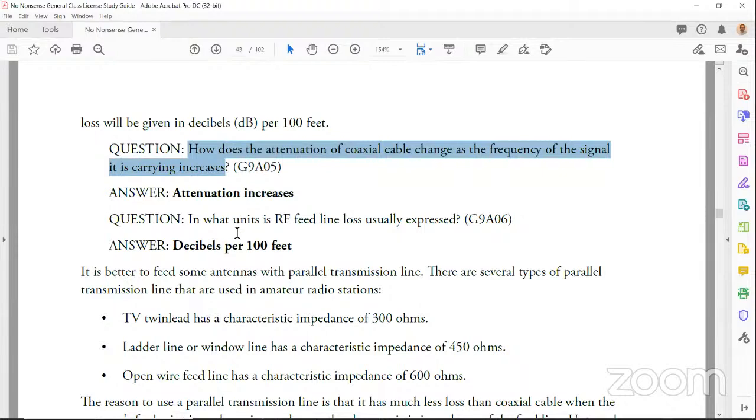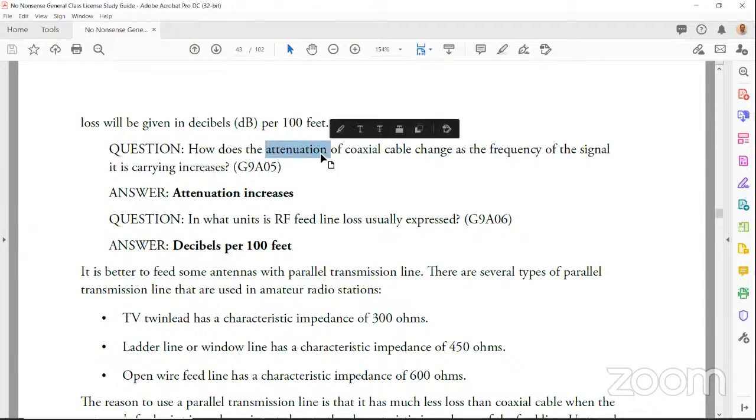Okay, how does the attenuation of coaxial cable change as the frequency of the signal it is carrying increases? Let's dissect this question a little bit. So they ask us, how does the attenuation, remember attenuation is reduction in signal, of coax cable change as the frequency increases?